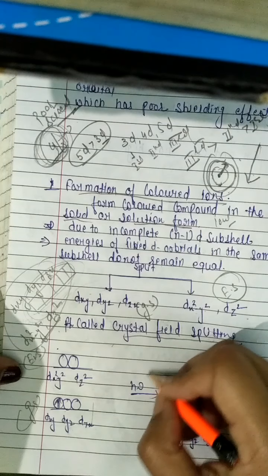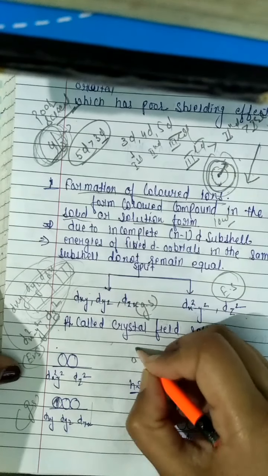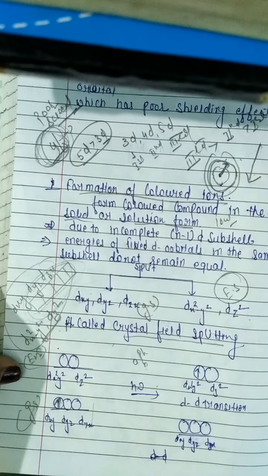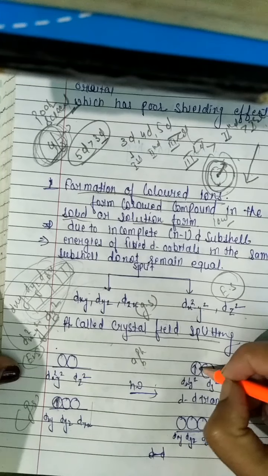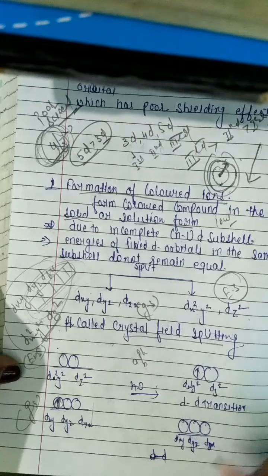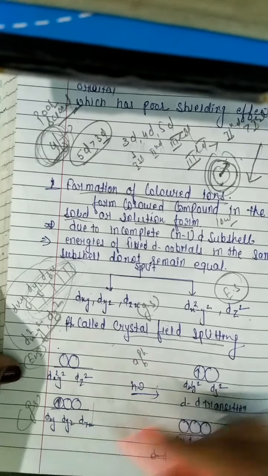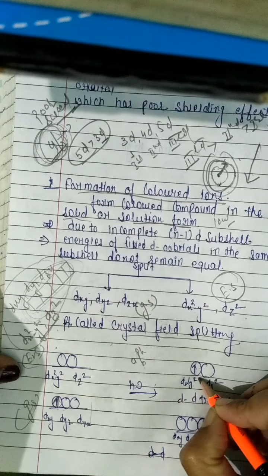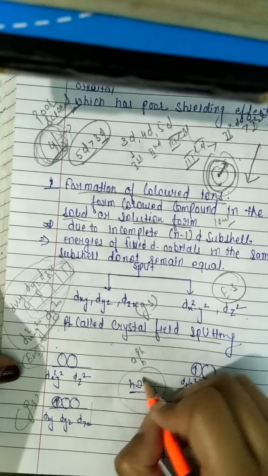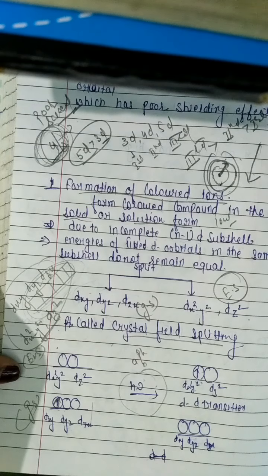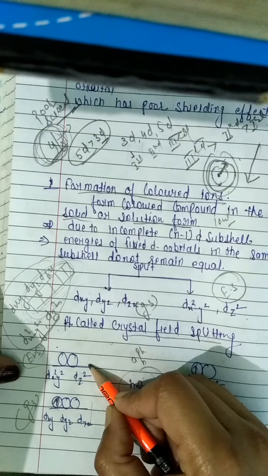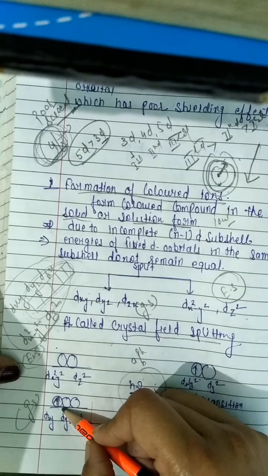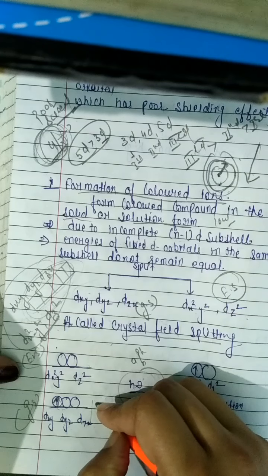After that, when it absorbs a photon or a beam of light from white light, the electron moves to the excited state. The electron moves from dxy to dx square minus y square after absorbing a beam of light. So electrons jump from the ground state to the excited state due to unpaired electrons, and that's why they show color.